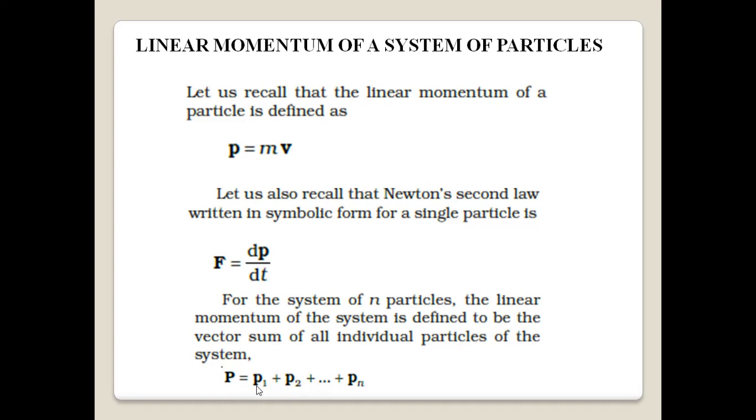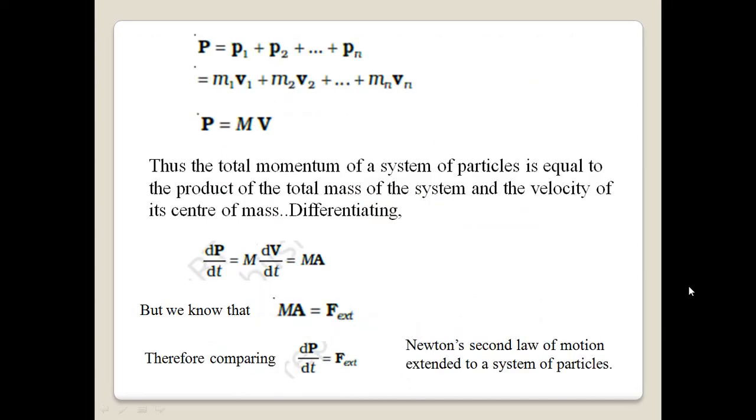P1 is the linear momentum of the first particle, P2 is the linear momentum of the second particle, and Pn is the linear momentum of the nth particle. They all add up and will be equal to capital P.